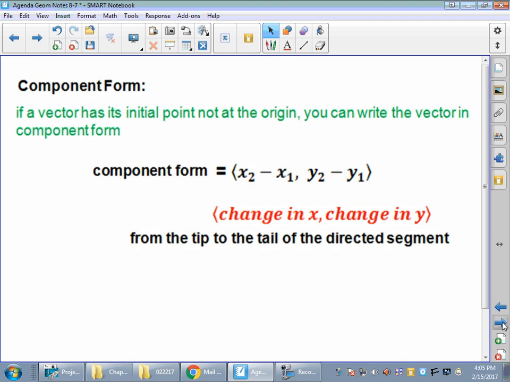Notice it is important that you take your end point and subtract the initial. Otherwise, you could land somewhere else on your coordinate plane that is not the appropriate place. So we're going from the tail to the tip of that directed segment, of that vector.